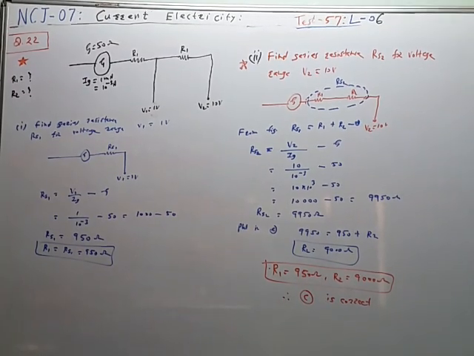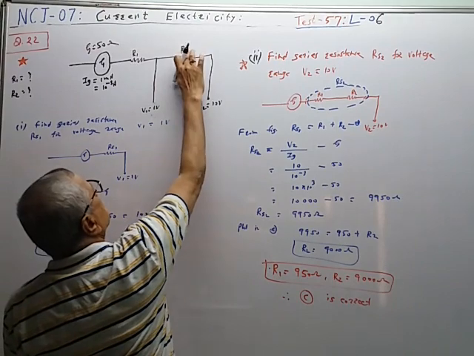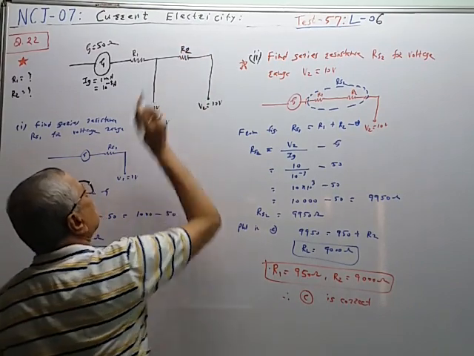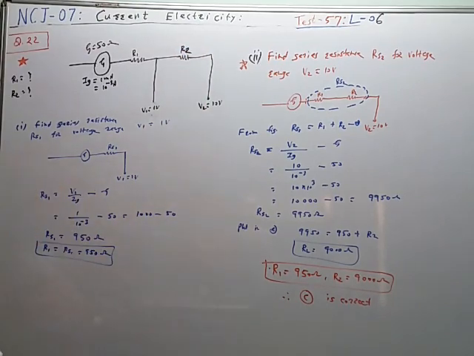So in this way, by increasing the series resistance, we can increase the range. So like this, we can add one more resistance R3 for the new range V3.